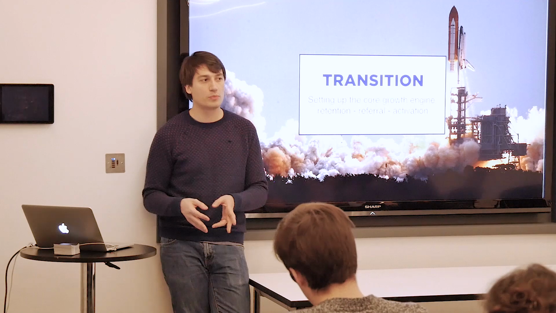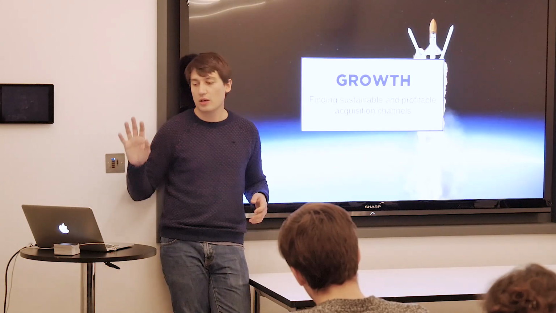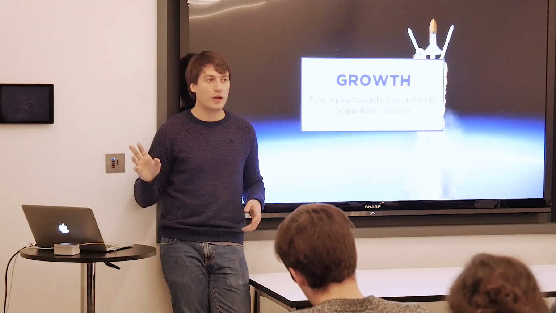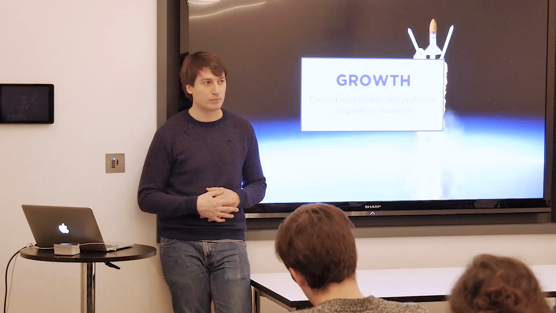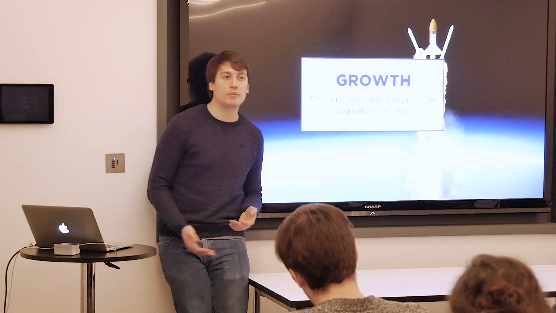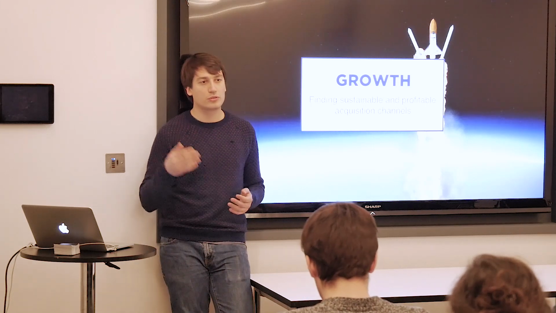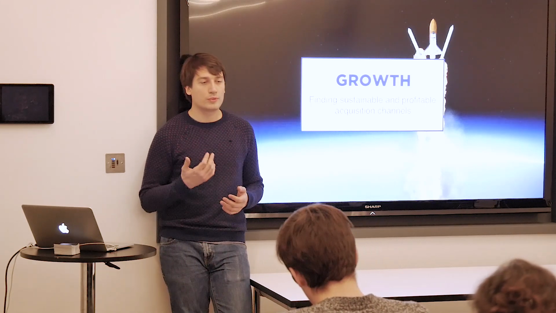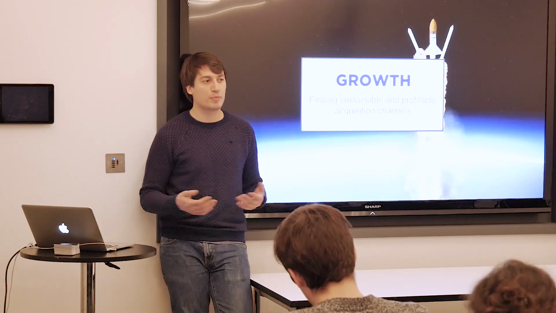Once you have this loop up and running, you can start moving on to the growth phase, when you find a sustainable acquisition channel. There are lots of acquisition channels, maybe 10, 20, 50. It would be a bit absurd to do a list, but basically the way you find an acquisition channel is by experimenting a lot.